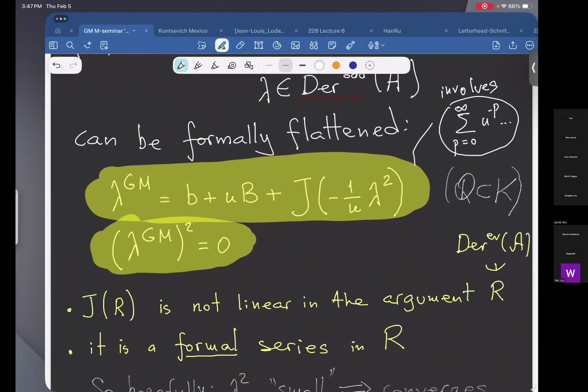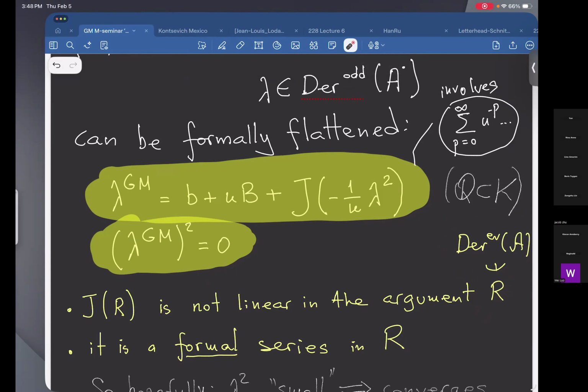So the claim is that yes, you can flatten it, and so there you can define, formally as an infinite series in u inverse, an operator whose argument is an even derivation.